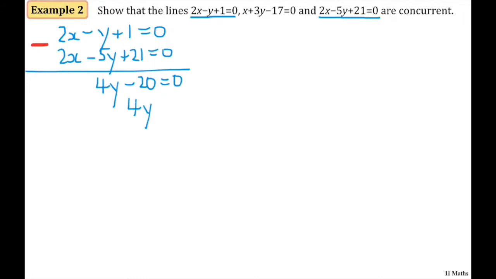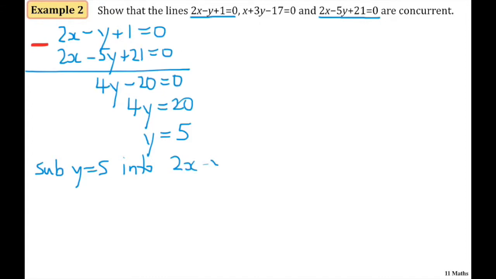Following that through by adding 20 to both sides and dividing both sides by 4, I get y equals 5. Let's sub y equals 5 into, doesn't really matter which equation, I'll choose the first one.